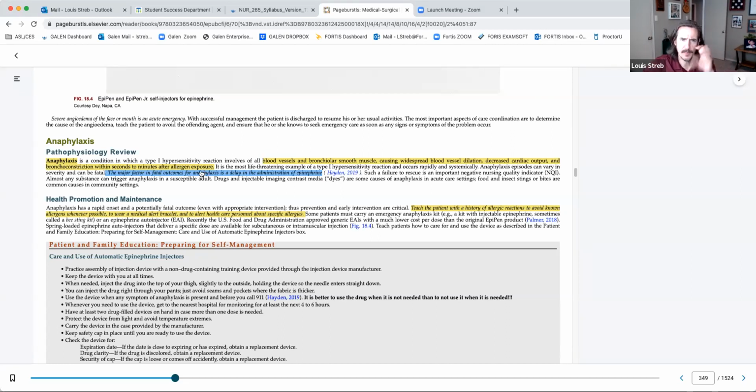So think about this. You get exposed to an allergen. This anaphylaxis is your blood vessels and the smooth muscles of your bronchioles causing widespread blood vessel dilation. What happens when you cause dilation? It doesn't increase the pressure, but there is more blood flow coming to that area. When we have more blood flow to that area, what's it going to cause?